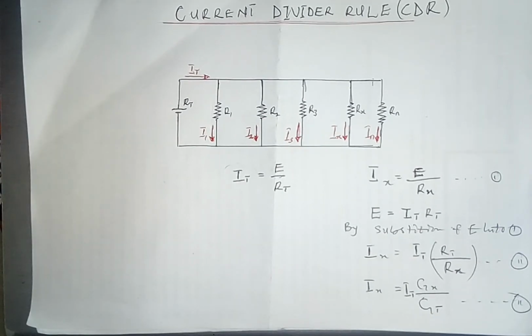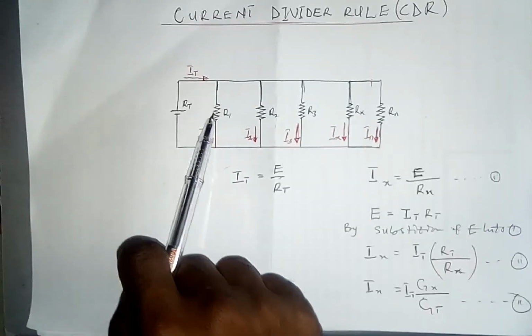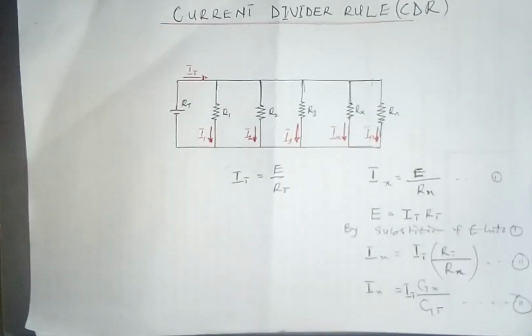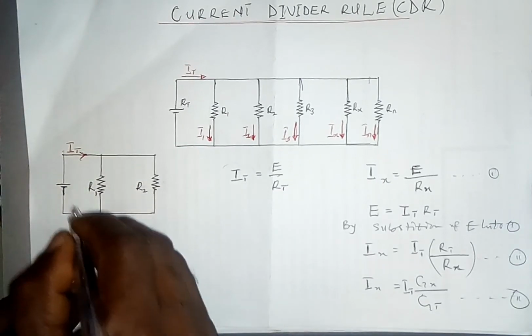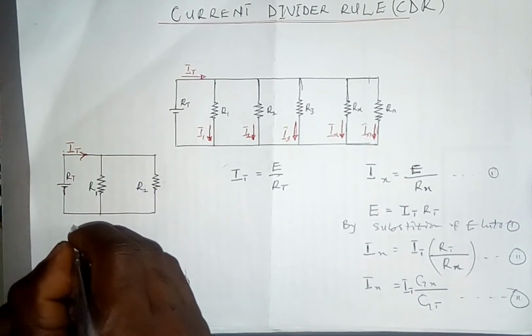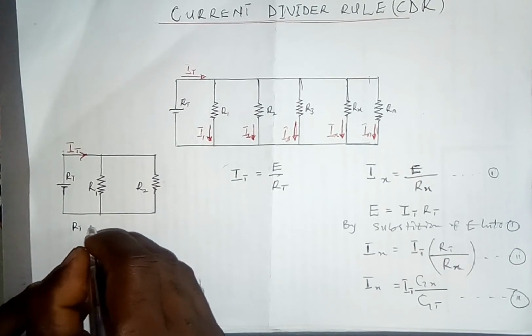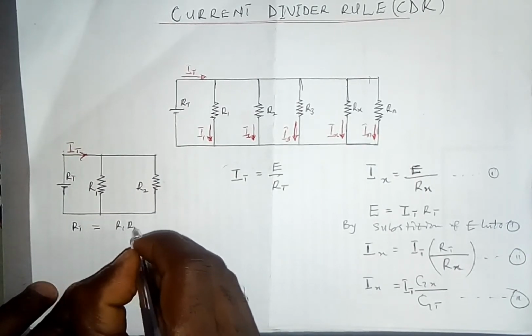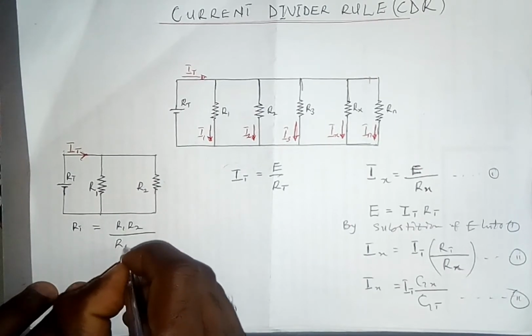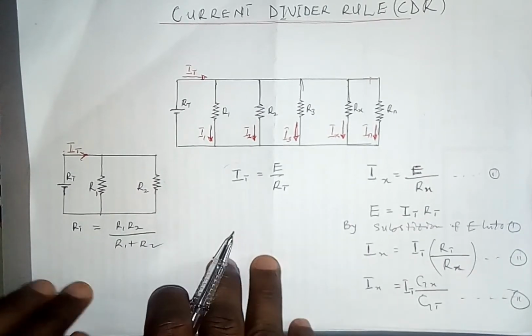Let's start from the easiest. Before we get to a large circuit like this, let's say we have a circuit that contains just two parallel resistors, like what we have here. In that case, our RT can be expressed as R1 R2 over R1 plus R2.